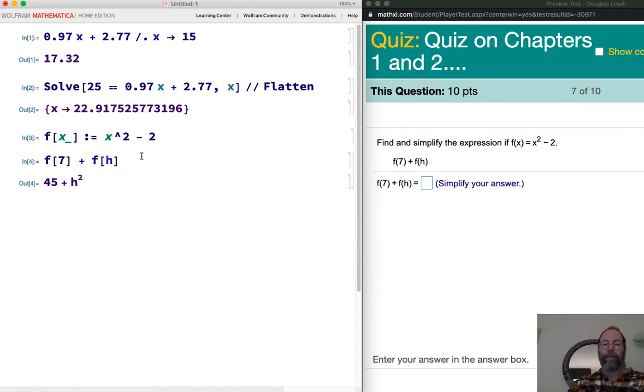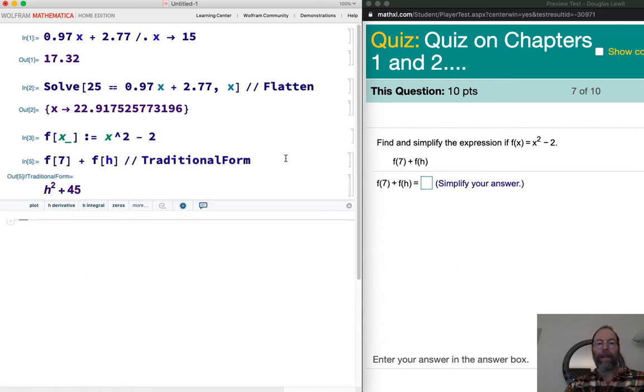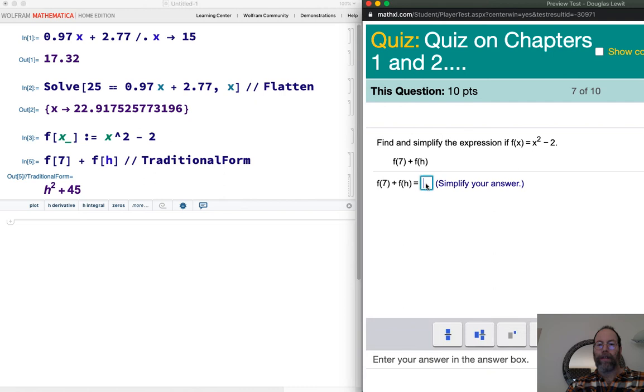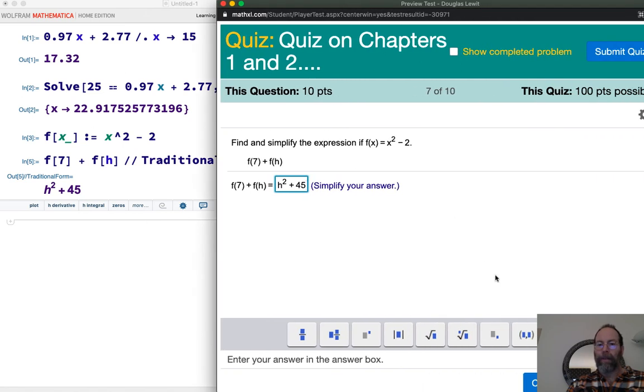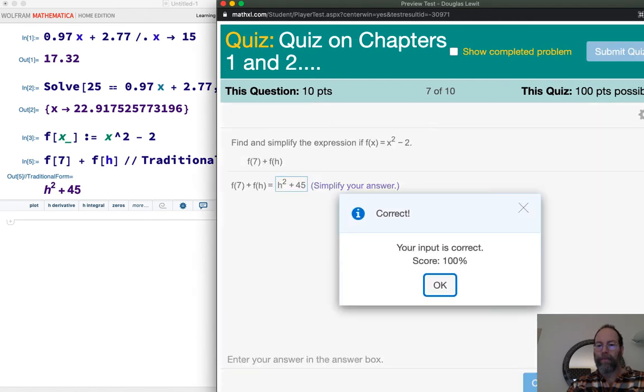And we could make it look more traditional. Traditional form: h squared plus 45. And that is correct.